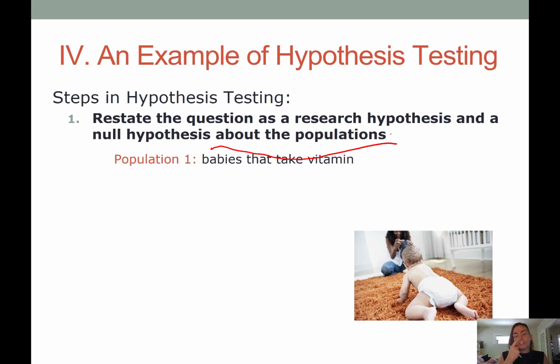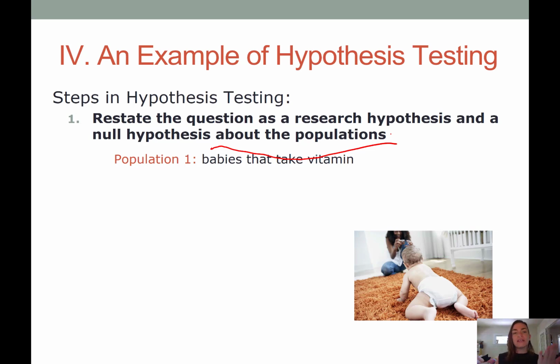The first population here is going to be the population corresponding to your experimental group. Okay, so in this case, if I think I'm going to give babies a new vitamin in my study to see if babies who get the vitamin walk sooner, right? Those babies in my study represent the population of babies who take this new vitamin.